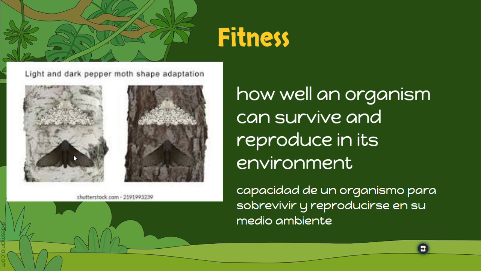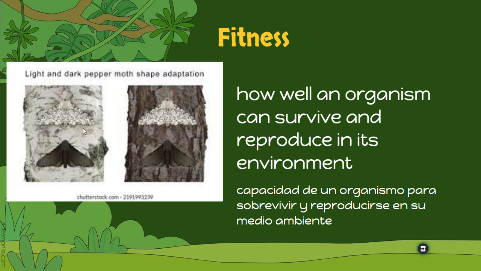The next key term here is fitness. So we think of fitness in terms of exercise, but what fitness actually is, is how well an organism can survive and reproduce in its environment. So if we look at these two moths, one is a light and the other one is a dark peppered moth, they have adapted differently.